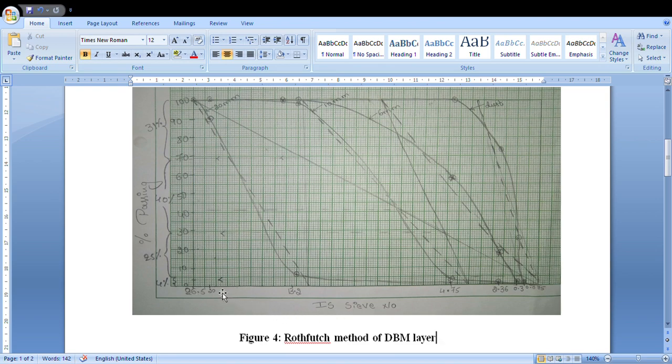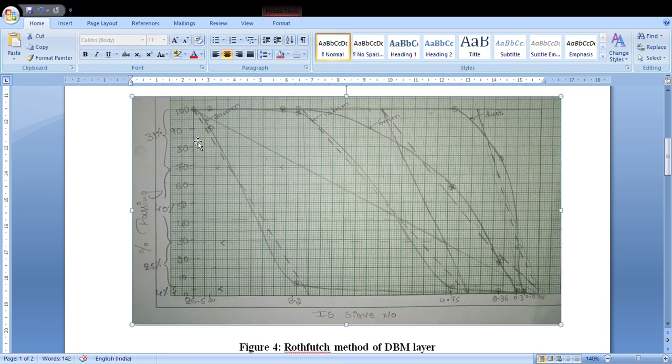Now the next step is to fix the x-axis. Using the gradation line and these percentage passing values, we can fix the x-axis. From the gradation table we know that 100% passing is there for the 26.5 mm sieve. That's why we directly take the origin as 26.5. Then for the 20 mm sieve it is in between 91 to 100.